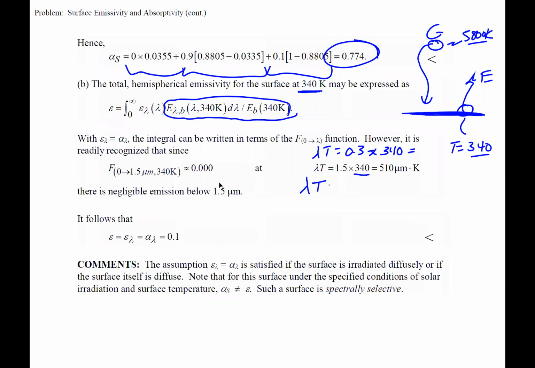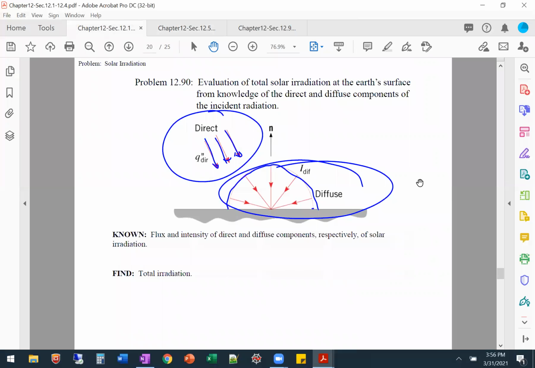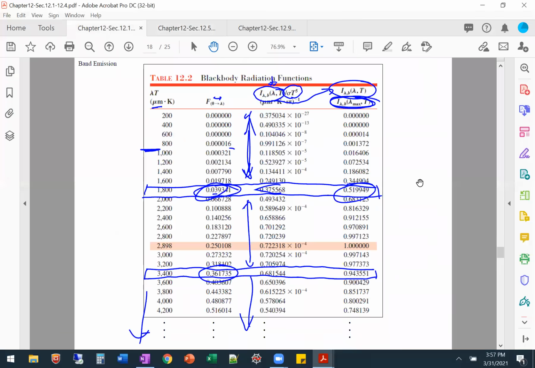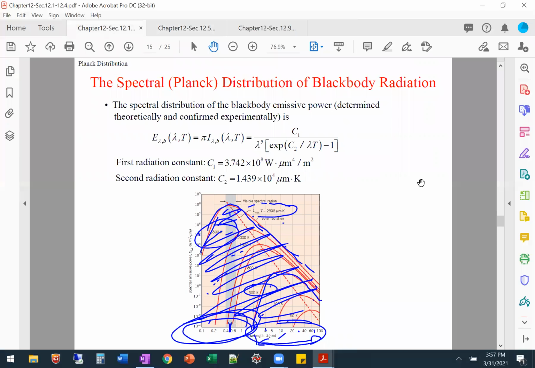If we look at our figure again, let's skip back to it. This problem says 340, right? If we look at this figure again, 340 is just slightly bigger than this curve, but we can just say we're here.